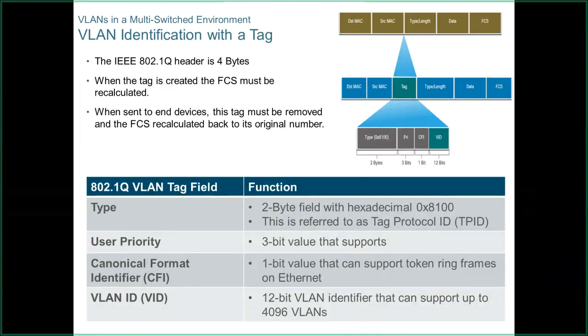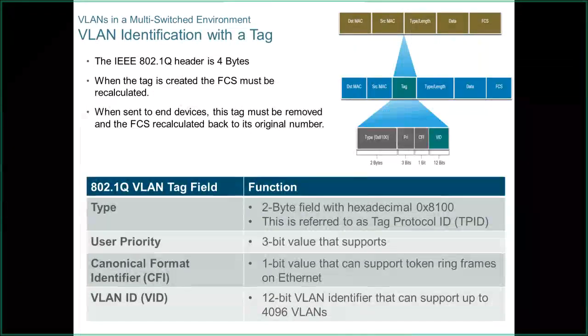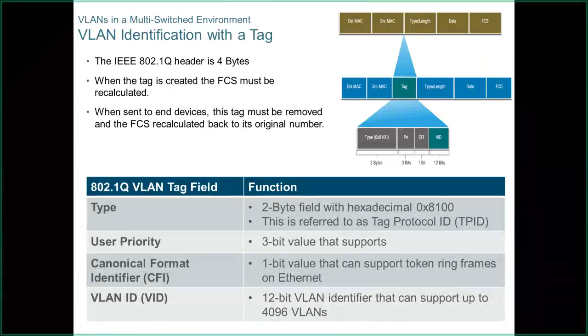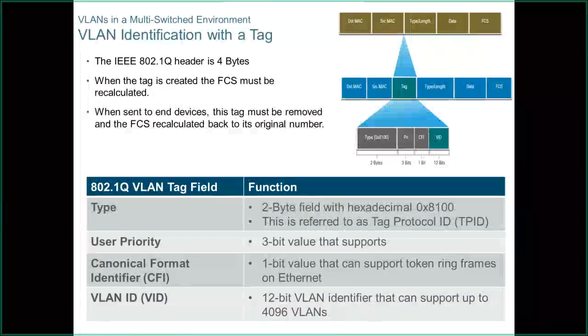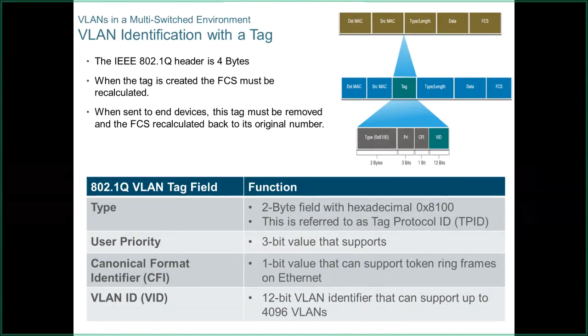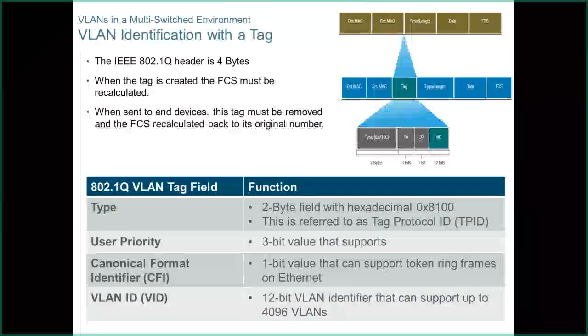So we can mix two topology types together. And then the last one is the VLAN ID, which is a 12-bit identifier that we can support up to 4096 VLAN tags on. So every frame that goes across a trunk, except for the native VLAN, has this tag inserted into it.